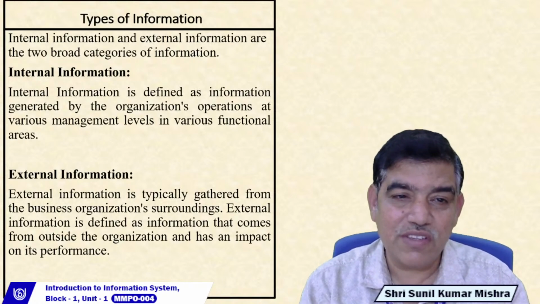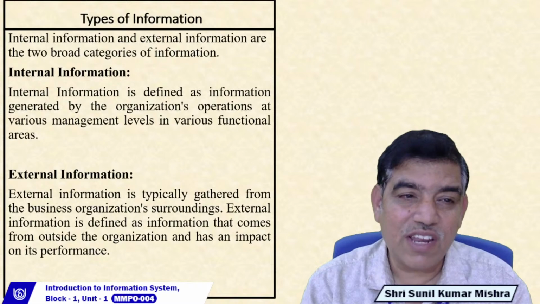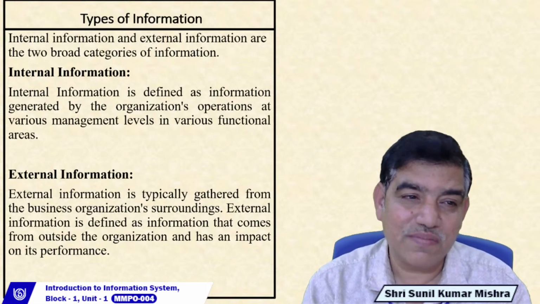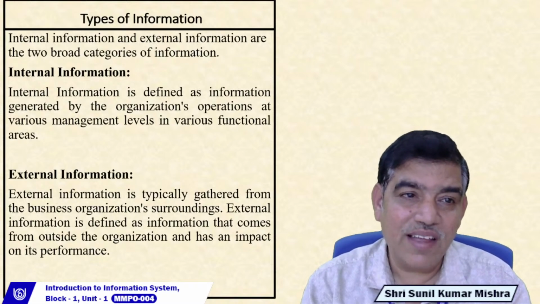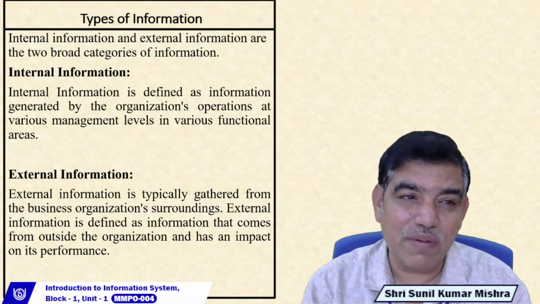The day-to-day data stored in a system, known as the transaction processing system, helps the ground-level and supervisor-level people to take day-to-day decisions. That is called an operational decision. And at that time, the information generated by the information system is called internal information.